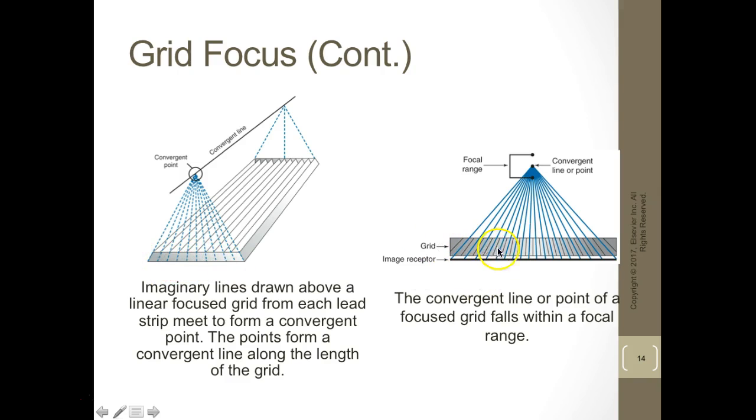You can see here, this is the grid, you have your image receptor underneath, this is the 40 inches or 72 or whatever the grid is, and it's coming through exactly at the angle of the lead strips. So the lead strips are more straight in the middle and more angled towards the periphery on both sides.